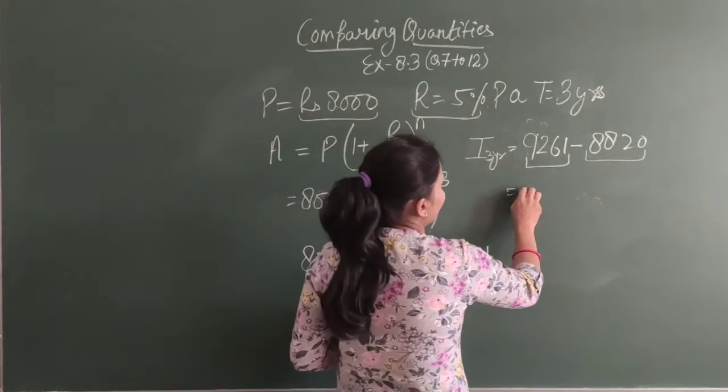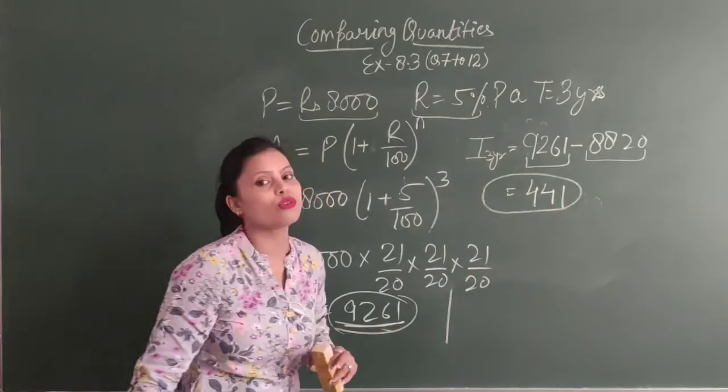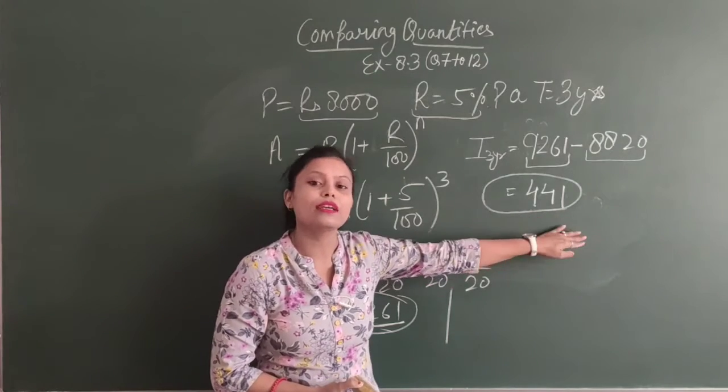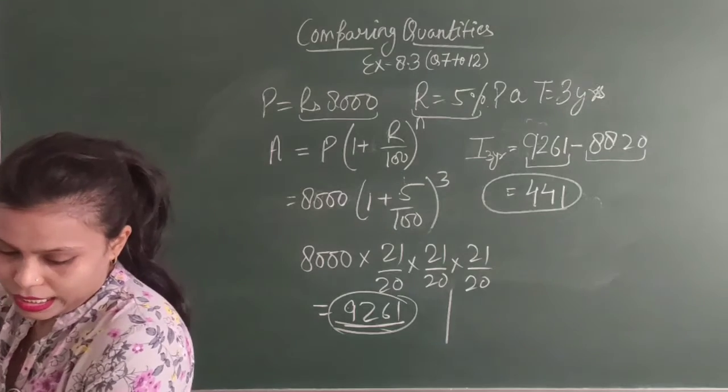So from here we will get 441 rupees. This is the interest which Maria will get in the third year. Alright, let's do question number 8.